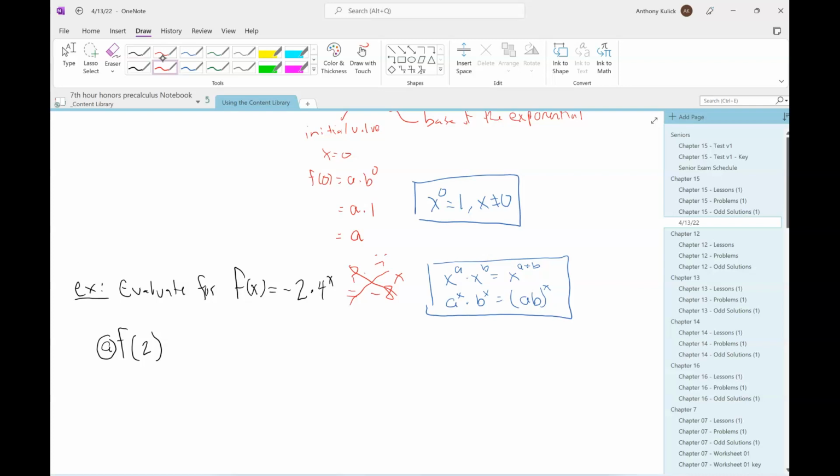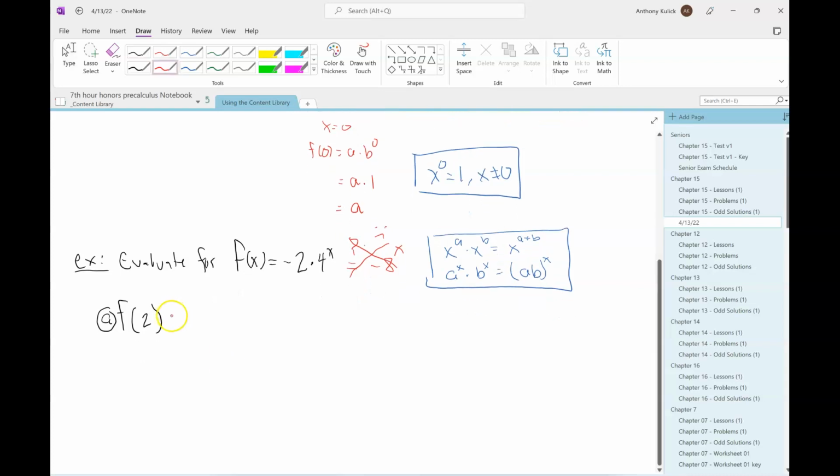That's the point of doing this again, is an excuse to review things. All right, so if I do f of 2, all I'm basically doing is plugging 2 in for x. The first thing I should do there is the exponent, so 4 squared is 16. And 16 times -2 is -32.